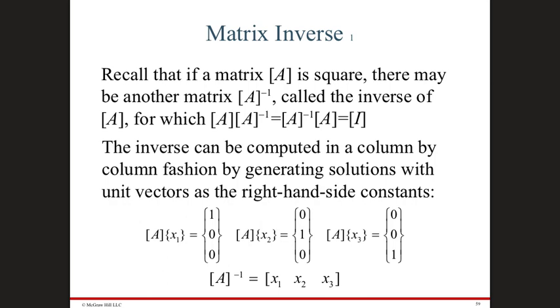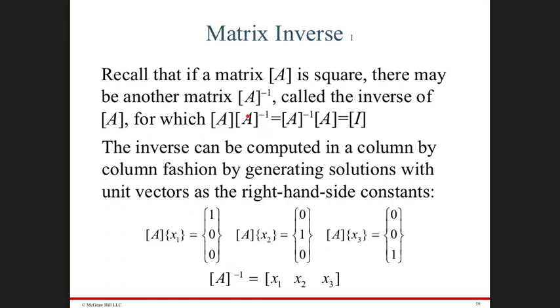So don't forget that A times A minus 1 is the same as A minus 1 multiplied by A, and in both cases you get I, okay? Now, if you define the inverse as a matrix composed of three vectors, call them vector x1, vector x2, vector x3, because you need to calculate A minus 1, so it becomes the unknown to you.